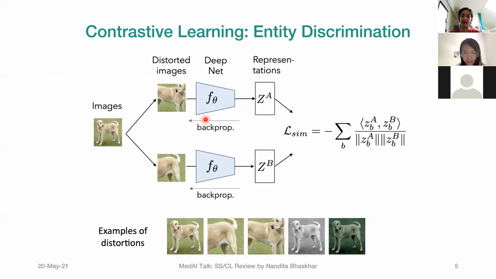Because they are views of the same image, you want the representations to be the same in the representation space. So then you add a loss, which tries to get the similarity between these two representations and pass it back to the encoder. Some examples of distortions include cropping, black and white images, Gaussian blurring, and so on.